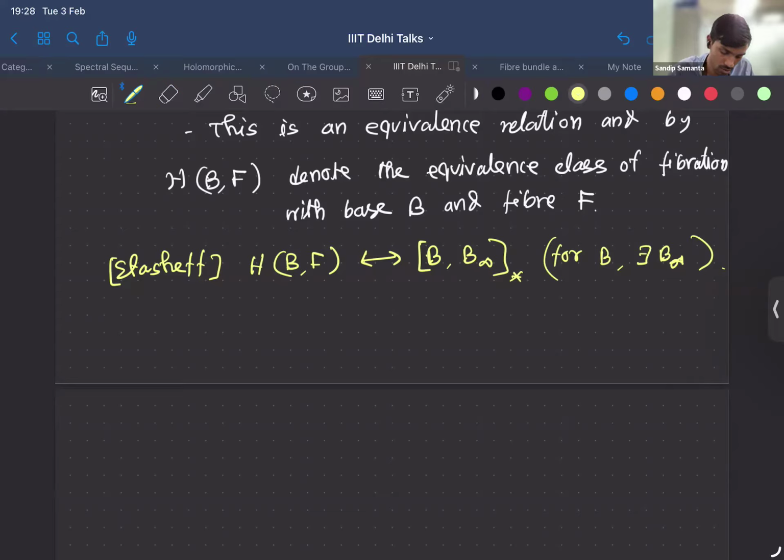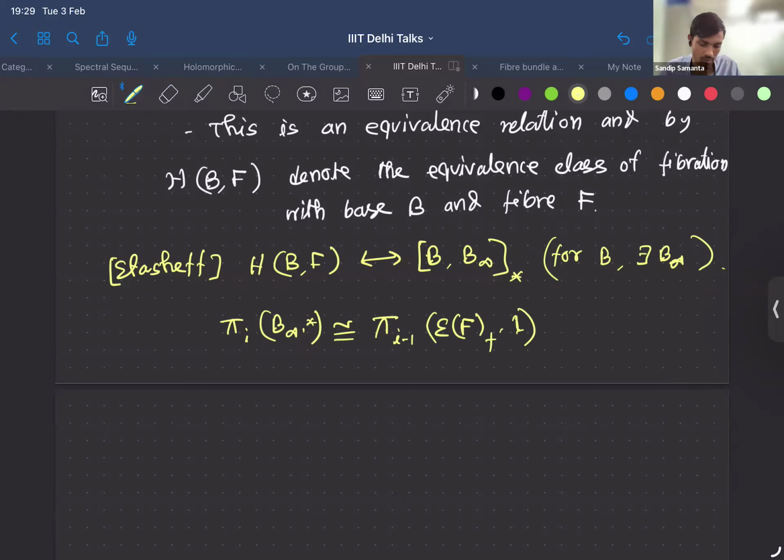But how this is related to the self-homotopy equivalences is that the ith homotopy group of this B infinity is isomorphic to the (i minus one)th homotopy group of the space of fibrations F with the base point star. One is the identity map of it.